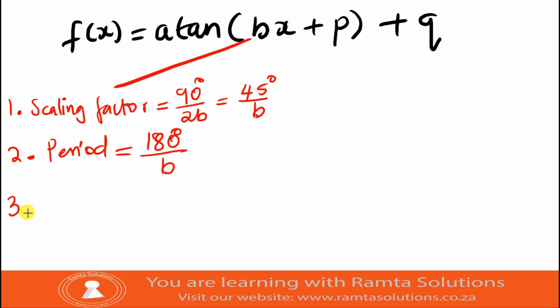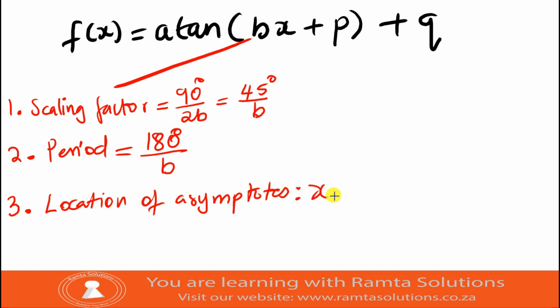This b also gives you the location of asymptotes, where you can use this formula: 90 degrees plus 180 degrees k, all over b.